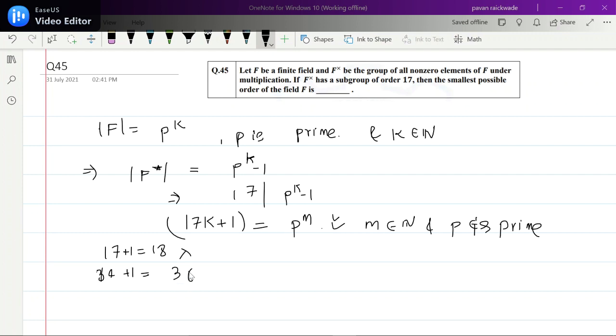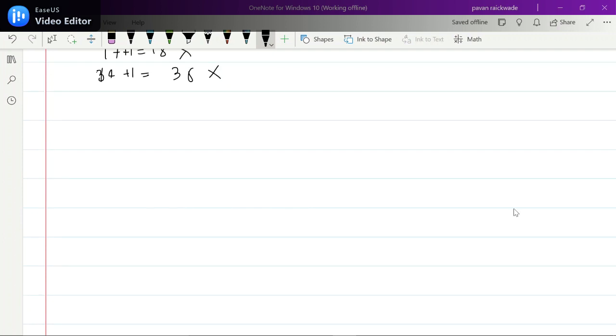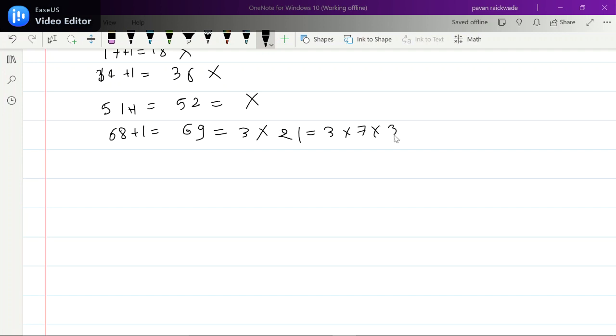Okay, so for k equals 1, we have 17 plus 1, 18, which is not a prime power. Then 17 twos are 34 plus 1, which is 35, which is not a prime power, which we want. Next is 17 threes are 51 plus 1, 52, which is itself not a prime power. Now 17 fours are 68 plus 1, which is 69.